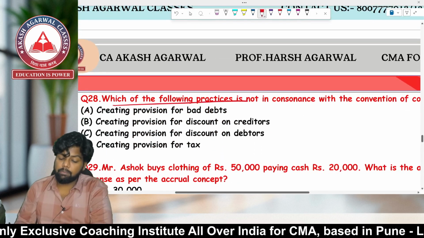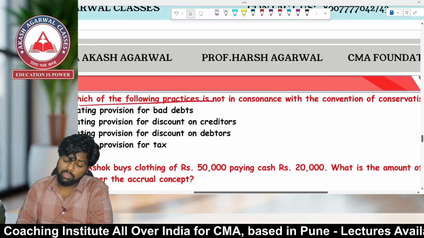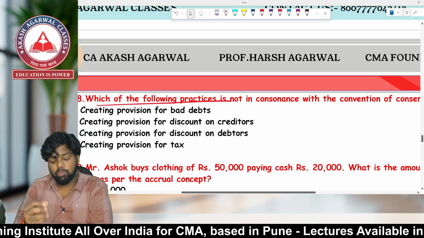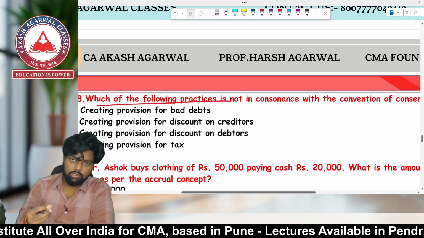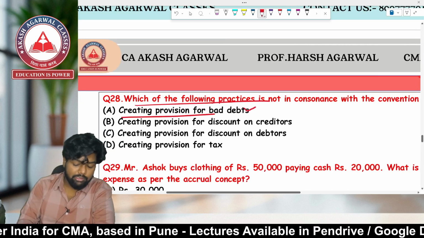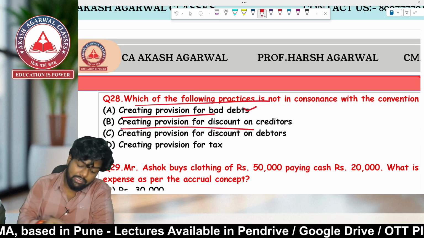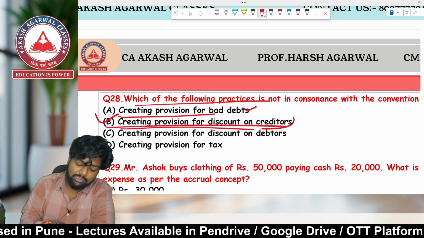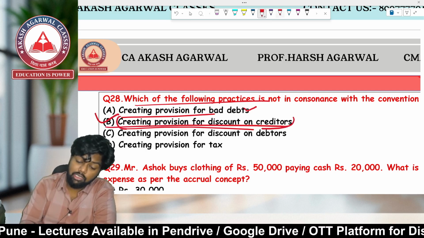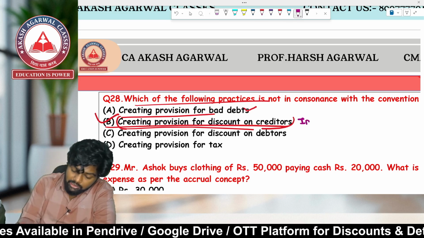Which of the following practices is not in consonance with the convention of conservatism? It means which of the following is not following the concept of conservatism? Creating provision for bad debts, or creating provision for discount on creditors. Creating provision for discount on creditors is not following conservatism, because it is an income.